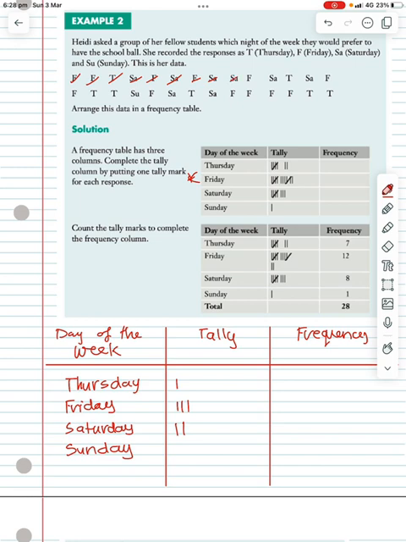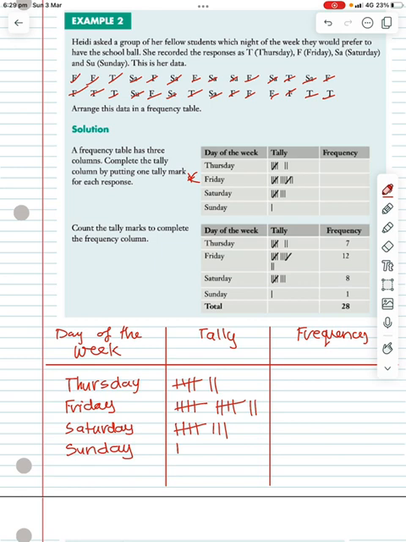Then Friday, Saturday, Saturday, Friday, Saturday, Saturday, Friday, Saturday, Thursday, Friday, Saturday, Thursday, Saturday, Friday, Friday, Saturday, Friday, Friday, Thursday, Thursday, Sunday, Thursday, Thursday, Sunday, Friday, Saturday, Friday, Saturday, Thursday, Saturday, Thursday, Saturday. Then we've got 4 Fridays, then 4 Thursdays. And that should look about the same as theirs.